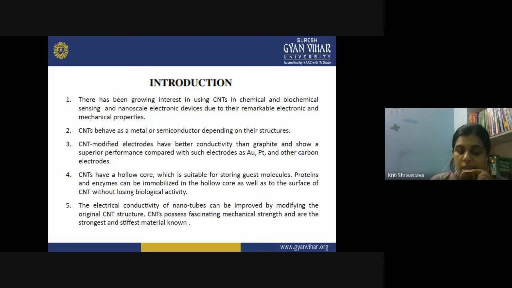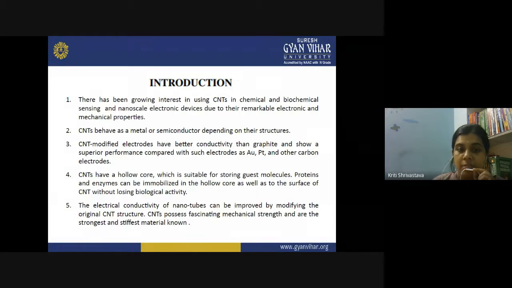Another special thing about carbon nanotubes is that they have a hollow core. They are tube-like structures, and tubes are generally hollow from the center. Due to their hollow core, they are very suitable for storing gas molecules. That empty space inside the tube can be used for storing gas molecules.